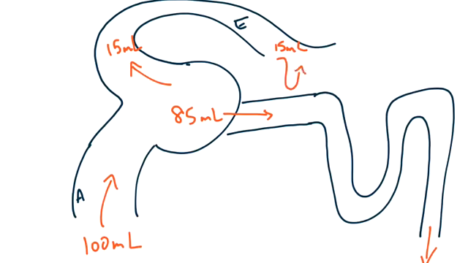Now we have another compound that has a clearance of 100 milliliters per minute. We know that the glomerulus can only filter 85 milliliters per minute, because that's the clearance of inulin, so we can assume that it should only filter 85 milliliters per minute of the new drug as well. So again, 100 milliliters of the new drug enters the kidneys, 85 milliliters is filtered.